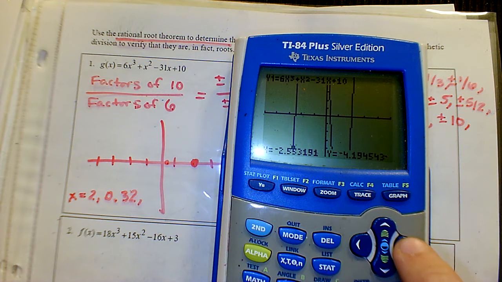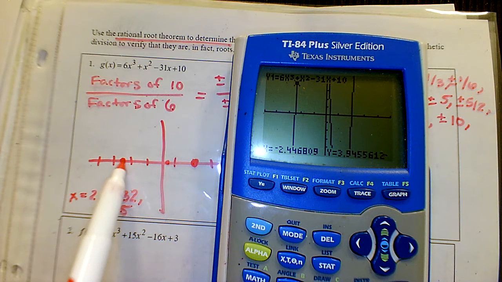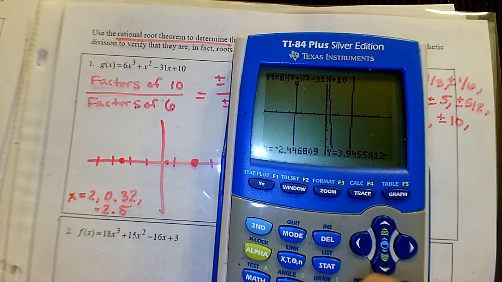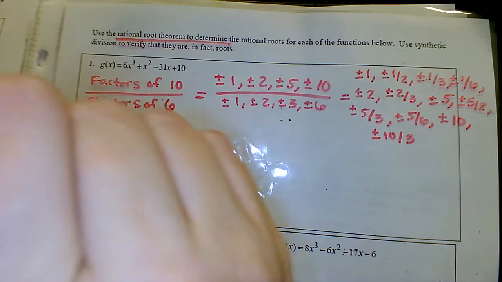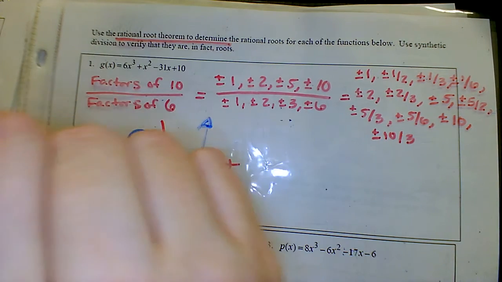So probably negative 2.5, somewhere in the middle. Can we get those numbers on our calculator? Calculator work going okay? Alright, so here's a little rough sketch if you wanted to draw one.